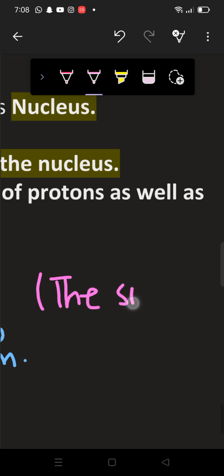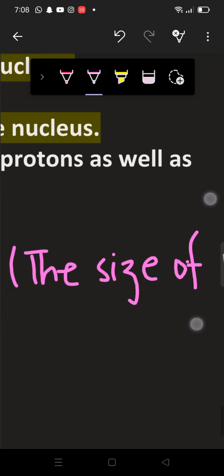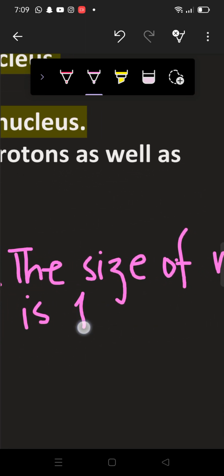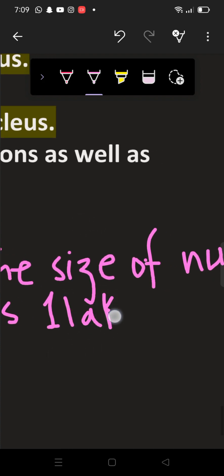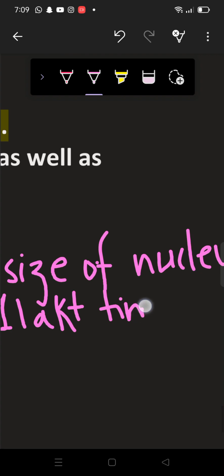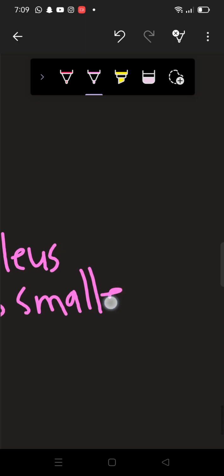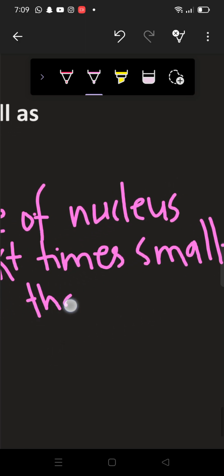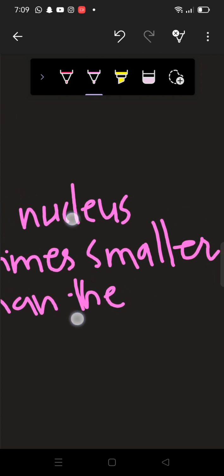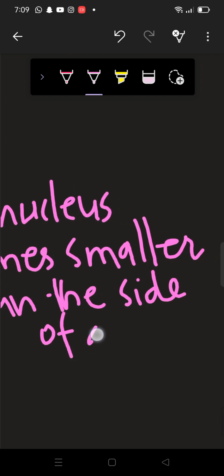The size of the nucleus is 1 lakh times smaller than the size of the atom, right?